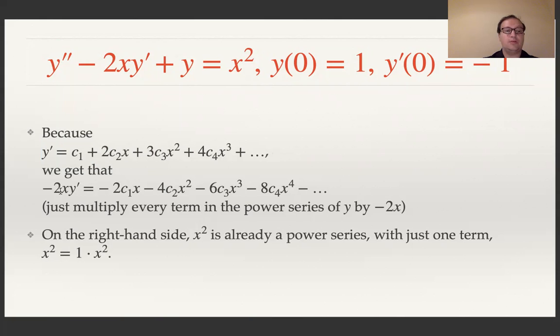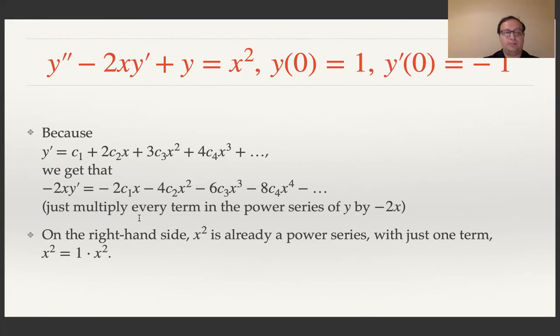So minus 2xy prime is equal to minus 2c1x minus 4c2x squared minus 6c3x cubed minus 8c4x to the 4, etc. So notice that now the starting power is x, and every coefficient was multiplied by minus 2. So every power increased by 1 because we multiplied by x, and all the coefficients got multiplied by minus 2.